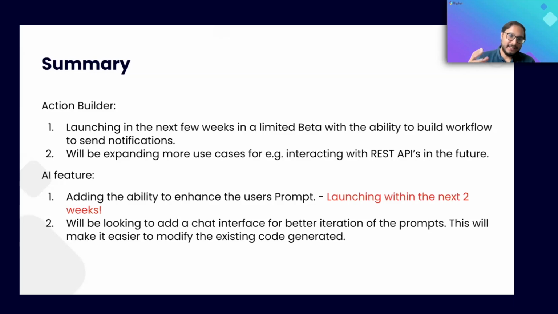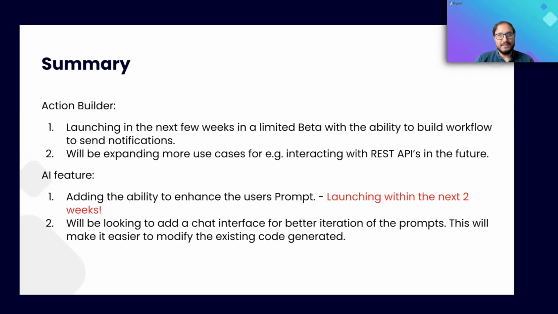Then in the close future, we will be expanding to add more use cases, for example interacting with REST APIs. Integrations are very popular, but usually require quite a heavy bit of code because you have to connect with a third-party REST API that has authentication, bringing in data, syncing it with data in our FLIPLET data sources, and then managing the flow of that.